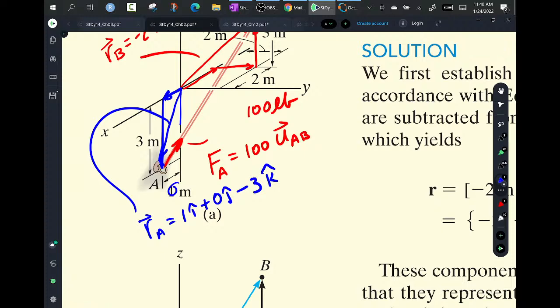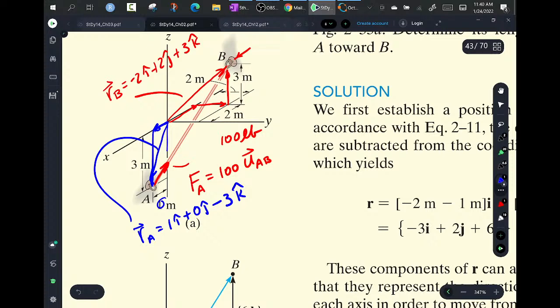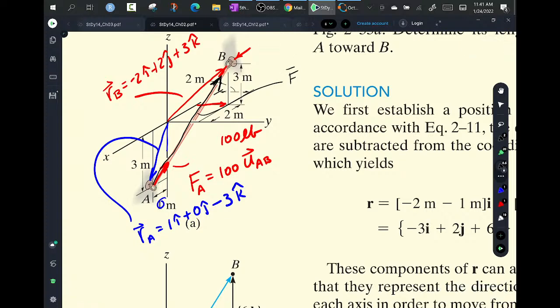Now, let's really look at what we're trying to find here. I'm going to get these other ones off the diagram, and look at this. What I'm trying to do is find this vector. Here's the vector I'm looking for, which I'll call F, plus, okay, wait a minute, plus RA.